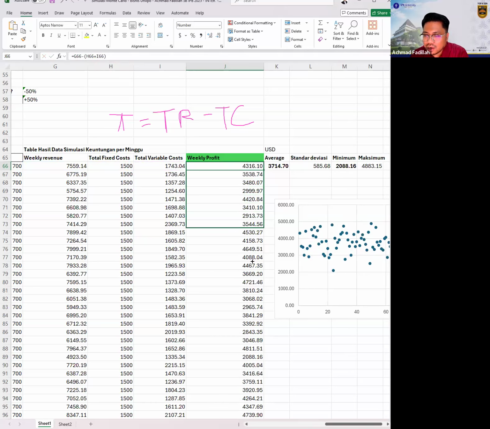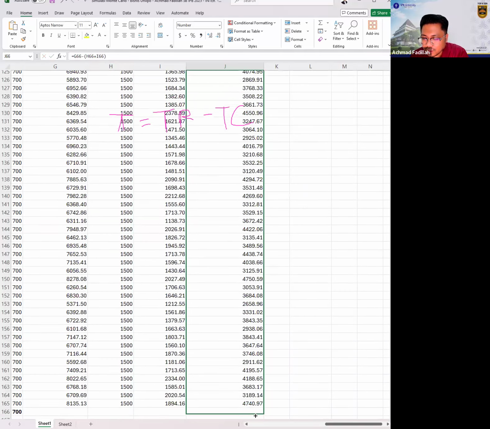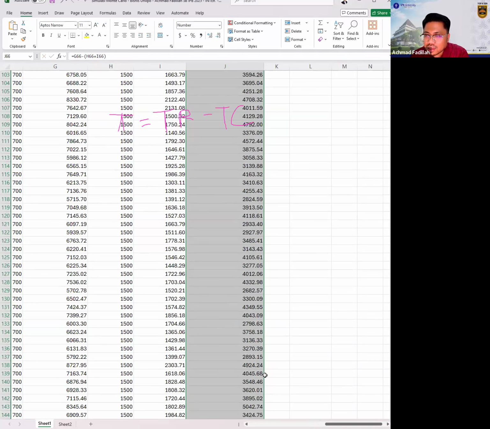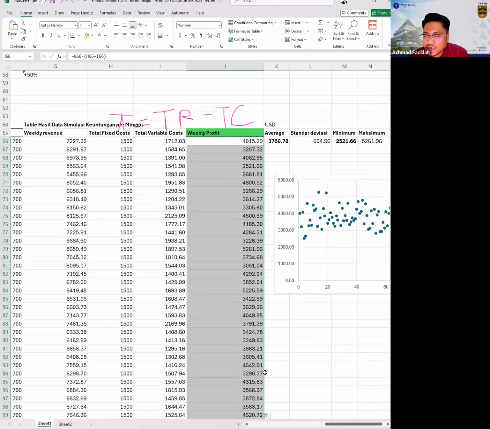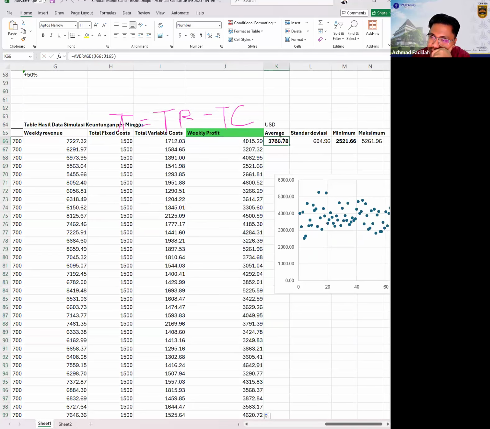You can see here, just drag to the bottom, and then on average you get this average weekly profit of 3,760 USD, with this standard deviation.